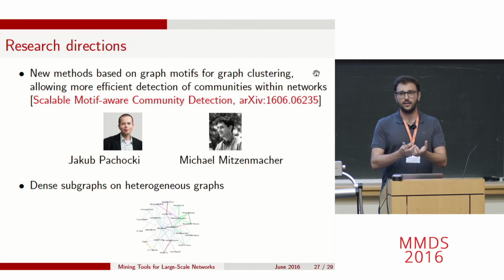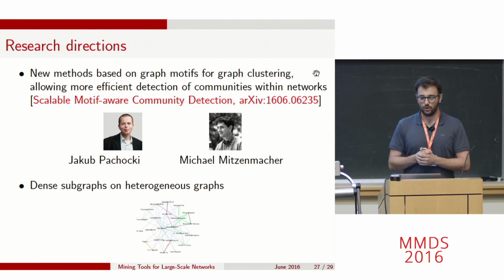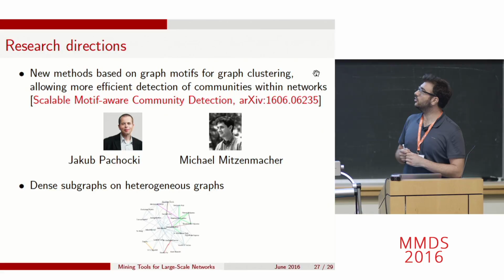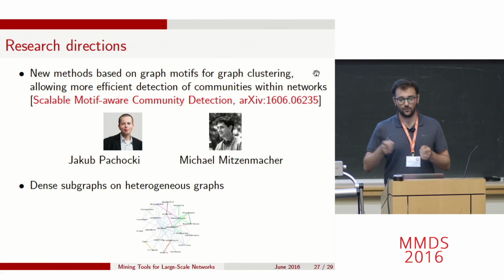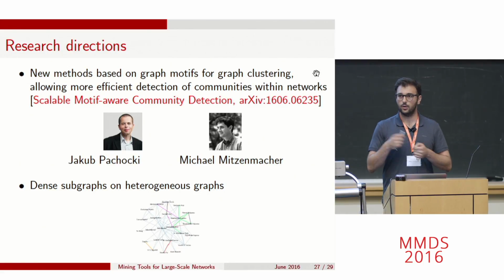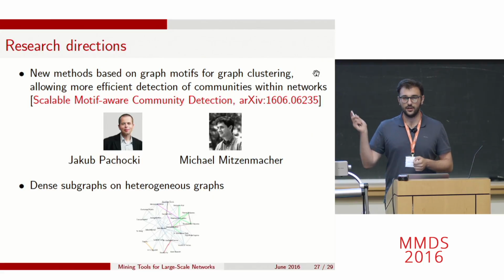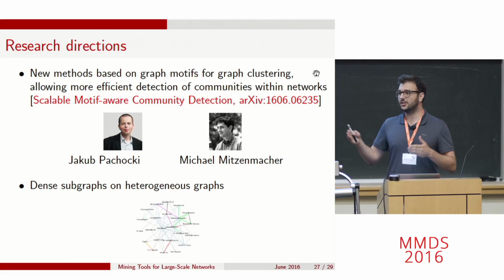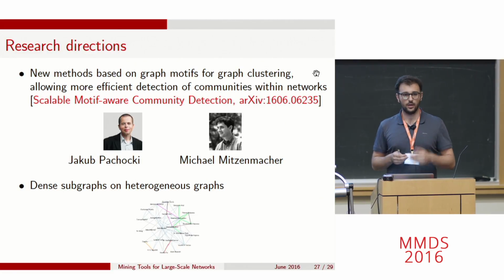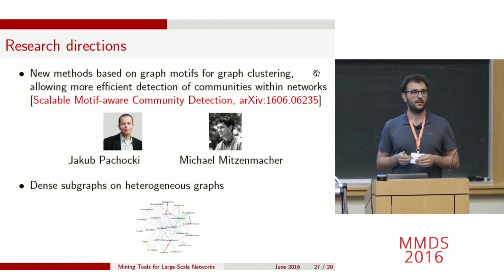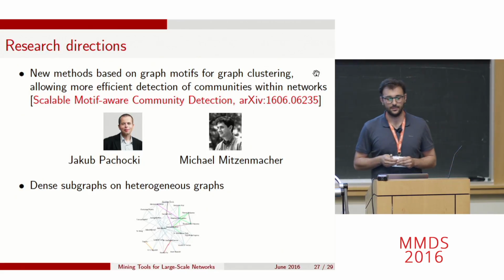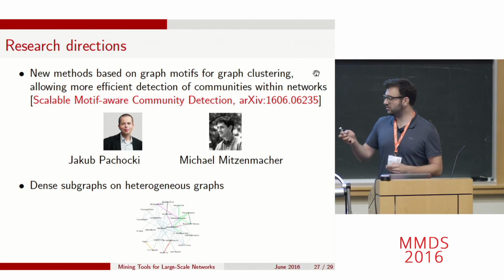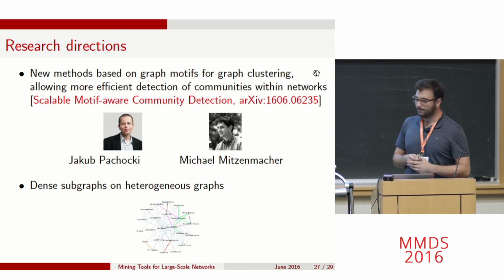So actually, independently from David's work, we also introduced the notion of motifs within detection of communities. There is an arXiv paper online where we introduce a notion of a triangle expander or motif-based expander, and we actually have some of the same algorithmic results as David and his collaborators. And this is joint work with Jakub and Michael.